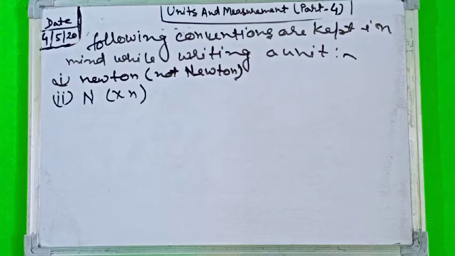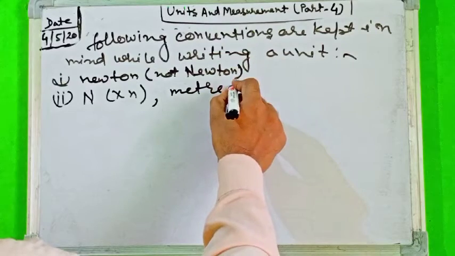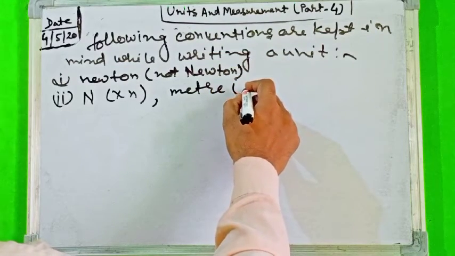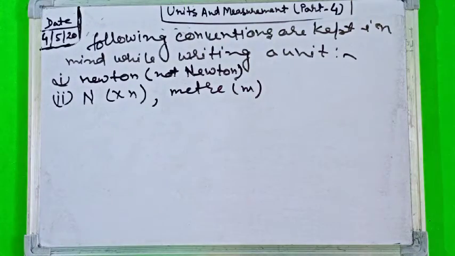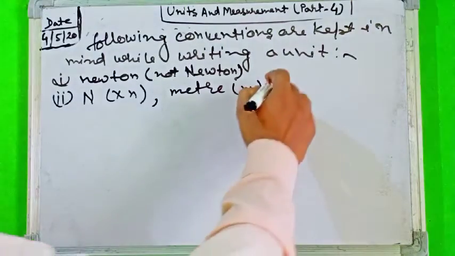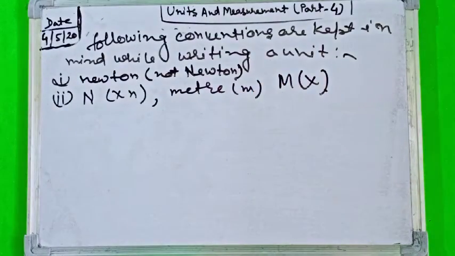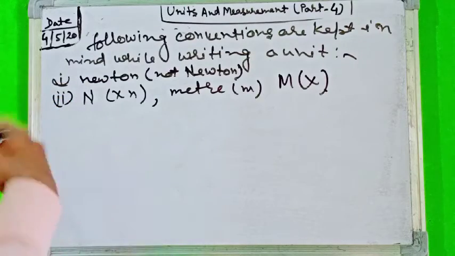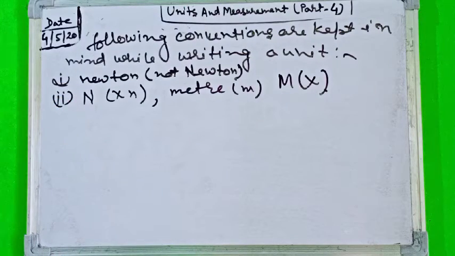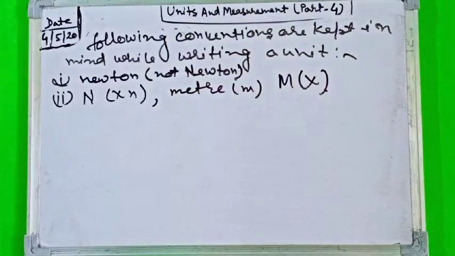Similarly for meter, you write a small m, not capital M. If you are writing the short abbreviation for the scientist's name, then it can be written as capital. If the scientist's name is given, suppose Farad, then capital F, not a small f. But if you are using the meter, then you use a small m.